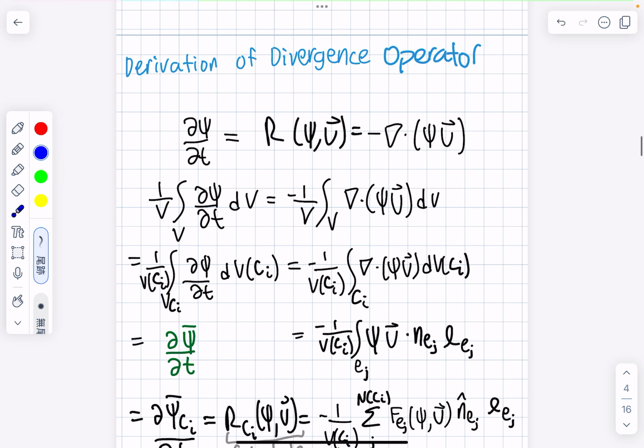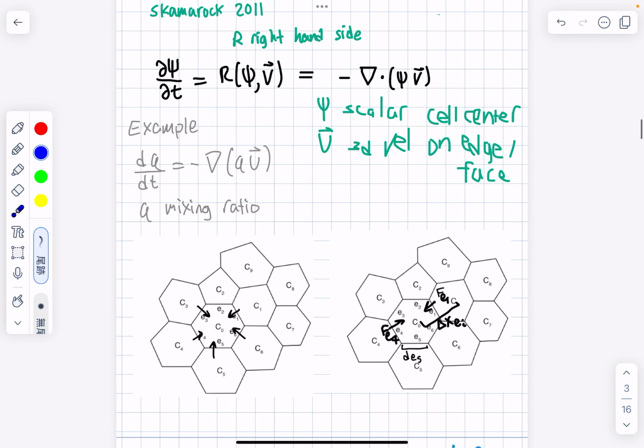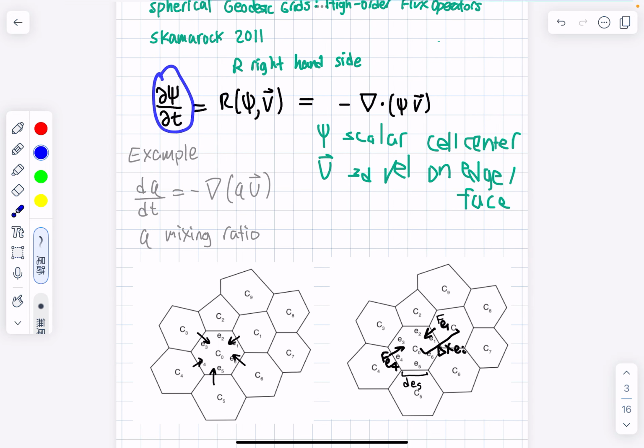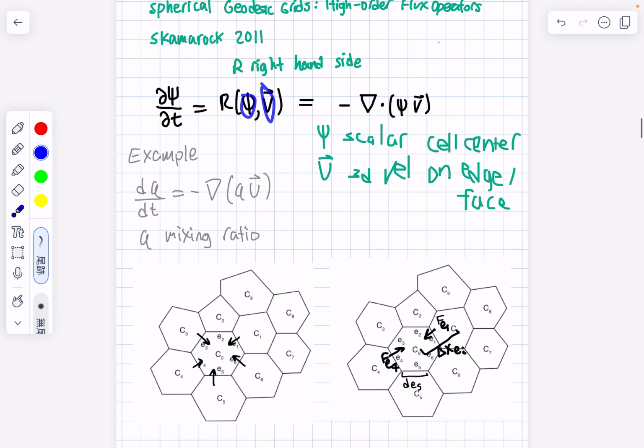Now we're going to talk about the equation d phi, or actually I don't know what it's called, I'm going to call this phi. d phi dt is equal to some right-hand side, which is a function of phi, which is scalar, and the flux is v, is equal to the negative divergence, which is convergence, of that scalar times v.